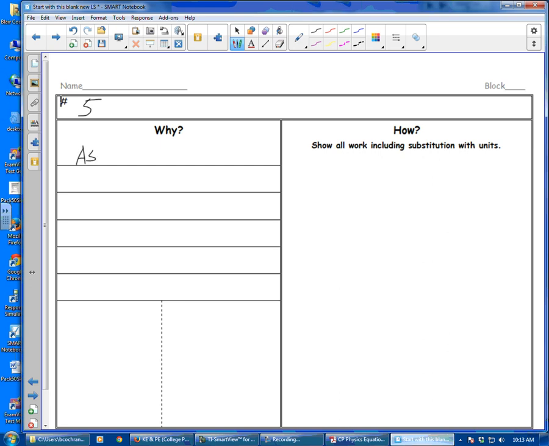So maybe as the position of the monkey changes, the PE changes.